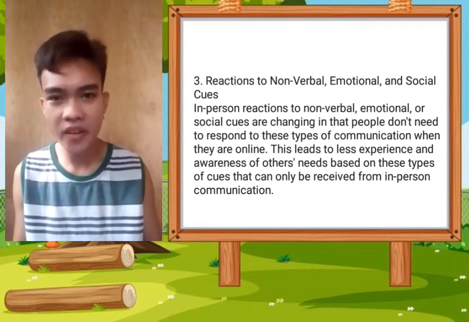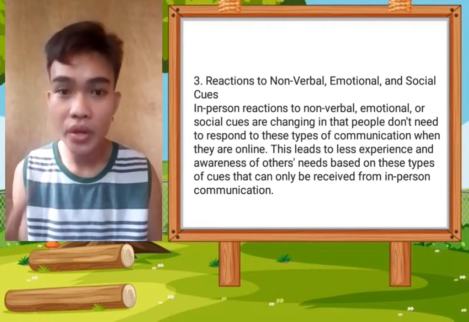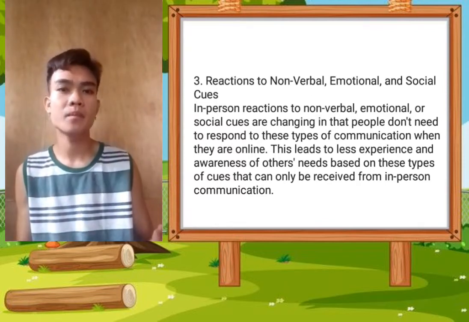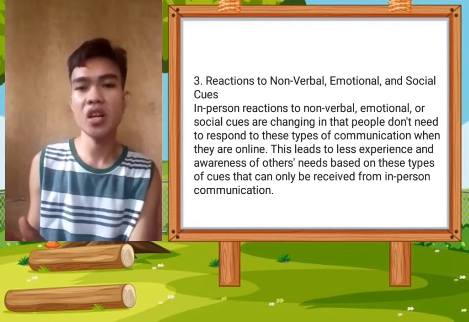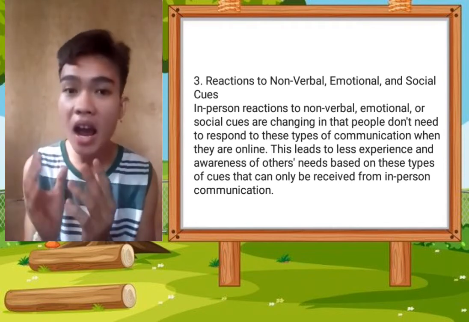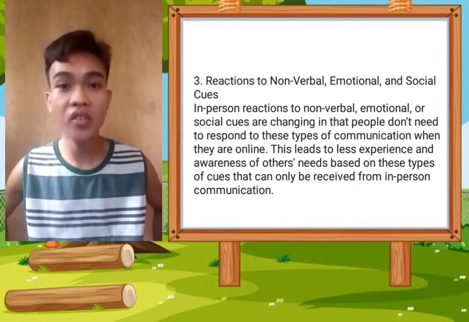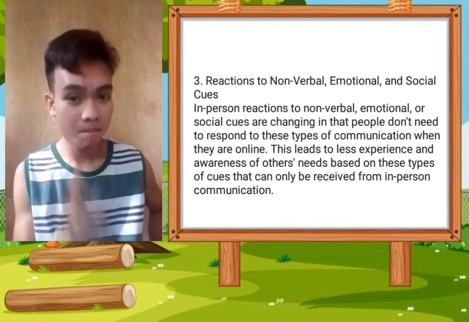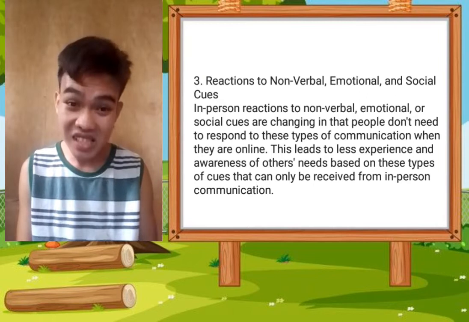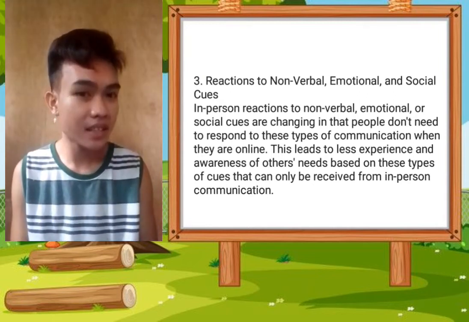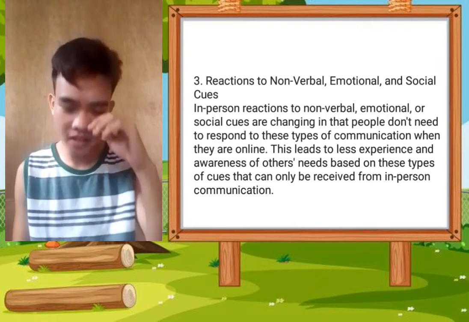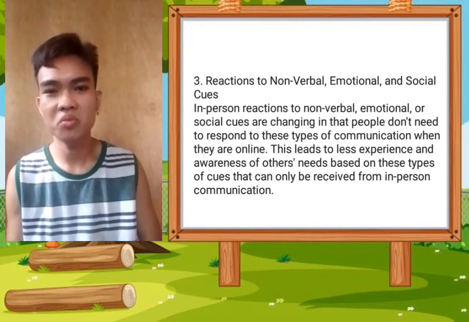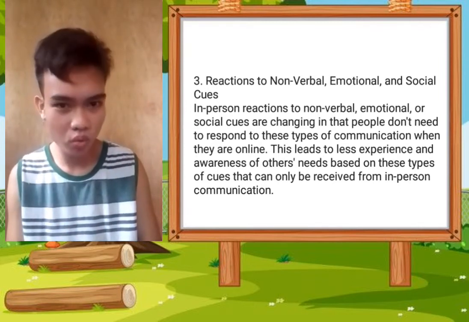We cannot definitely conclude their reaction based on what you have texted to them. Even though they express "ha ha ha," deep inside they are angry at you. They didn't show their true feelings to you. So that is the bad effect of social media, because we cannot definitely conclude what they feel about you.